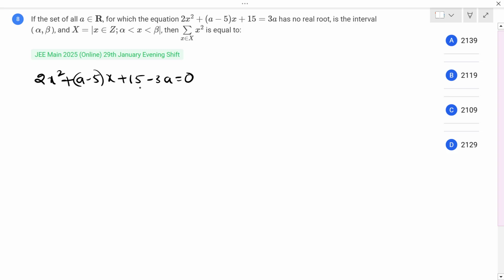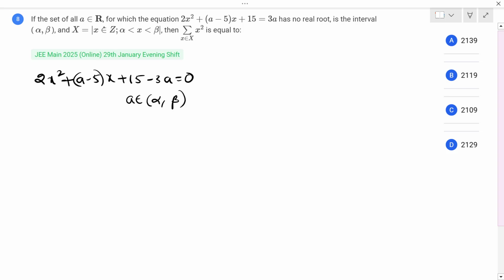I have collected the a's in such a way that they lie between alpha and beta, real numbers. Then in the question he is saying that you have collected all the a's such that the quadratic equation doesn't have any real root.